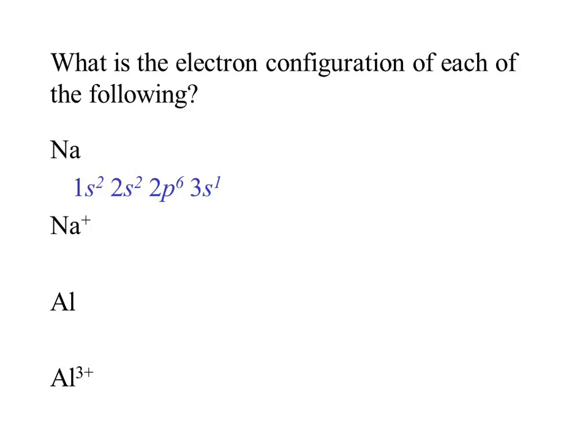That's something we've already talked about. Valence electrons are in the highest n. Okay, so the highest n here is 3. So when we write the electron configuration for the sodium cation that's lost 1 electron, it's going to be that 1 electron in the 3s.